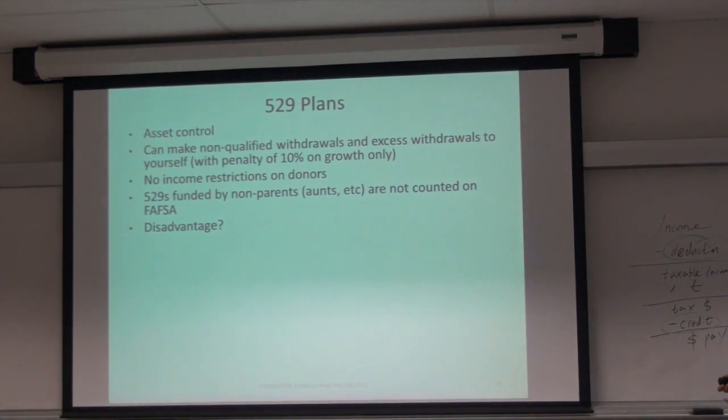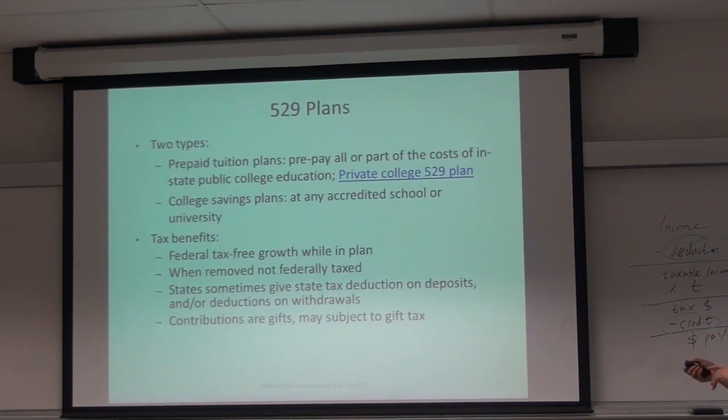The advantage of 529 plans compared with Coverdell is, first, there is no income restriction on donors or contributors. Anyone can contribute. The second one is there is no contribution limit. But pay attention, because anything contributed to 529 plans will be considered a gift.